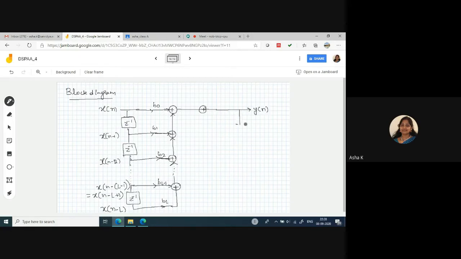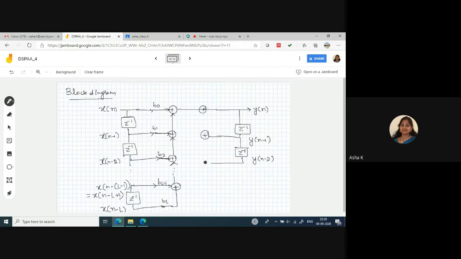Consider output y of n delayed by 1 unit. So what am I going to get? The first one, that is y of n minus 1, delayed by 1 unit. Similarly, if you put one more delay unit here, z to the power minus 1, we'll be getting y of n minus 2.